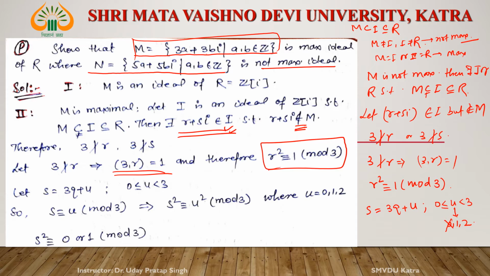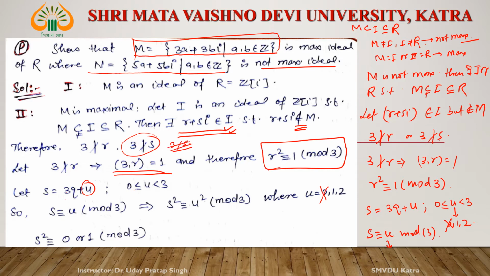Then S is congruent to U modulo 3. But U is either 1 or 2. The possibility U equal to 0 will not happen, since if U equals 0, then S equals 3Q, and in such a case 3 divides S, but this does not happen.